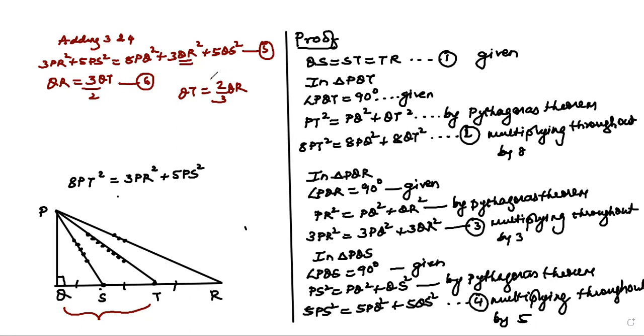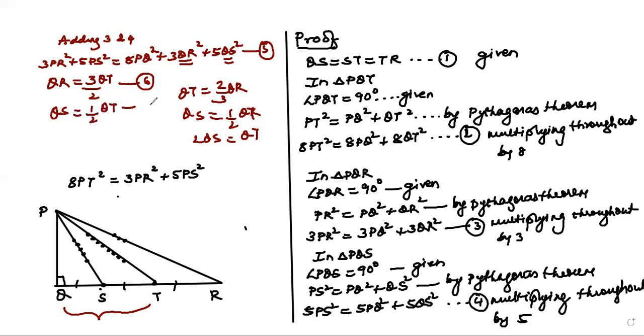In the same way, I don't want this QS. So QS is half of QT. So 2QS equals QT. I don't want QS, so QS is half QT.